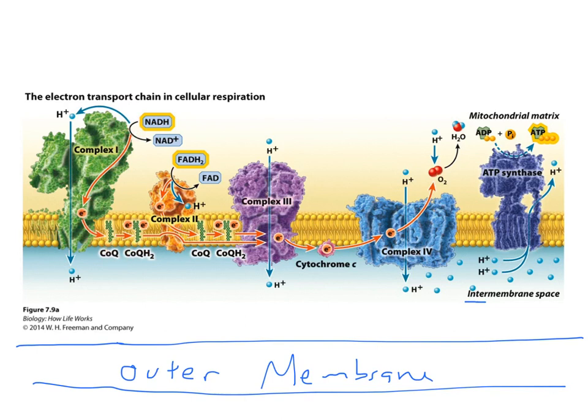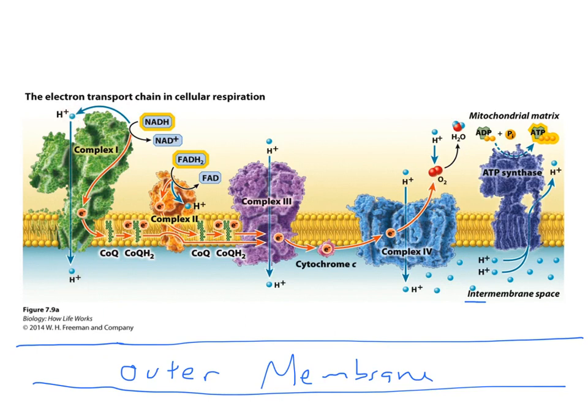That energy, though, can't be destroyed. And so what happens is complex 1 is going to pump H+ from the matrix, where it's in low concentration, into the intermembrane space, where the H+ is in high concentration. So, as the electrons pass through complex 1, H+ is pumped from the matrix into the intermembrane space.